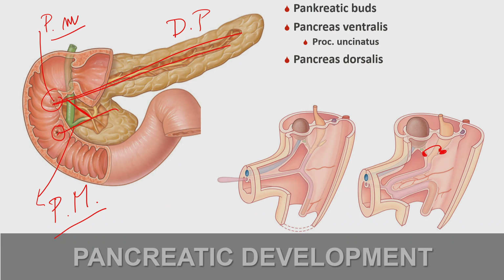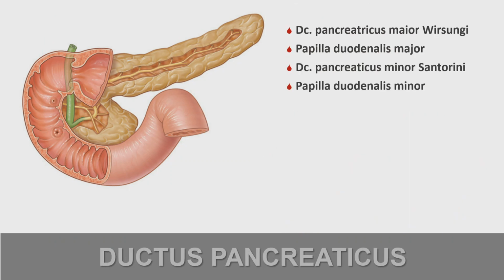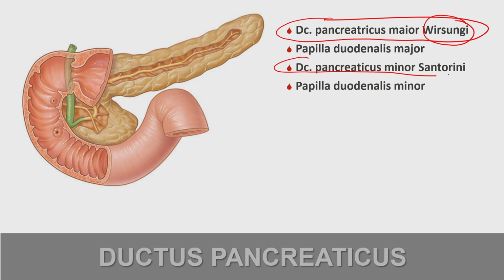But the important thing is that the major papilla contains the supply by bile duct and pancreatic duct ever. So this is the ductus pancreaticus major, also called Wirsungii, the major pancreatic duct, and ductus pancreaticus minor, smaller, called Santorini.